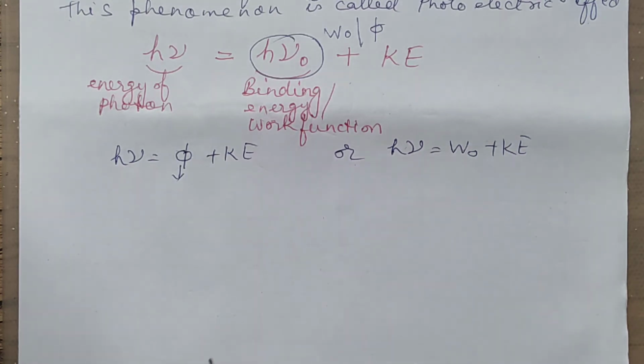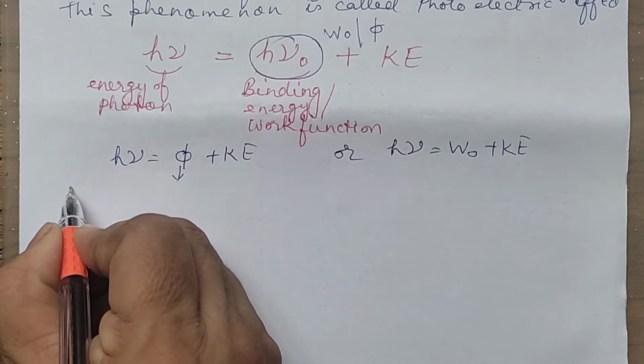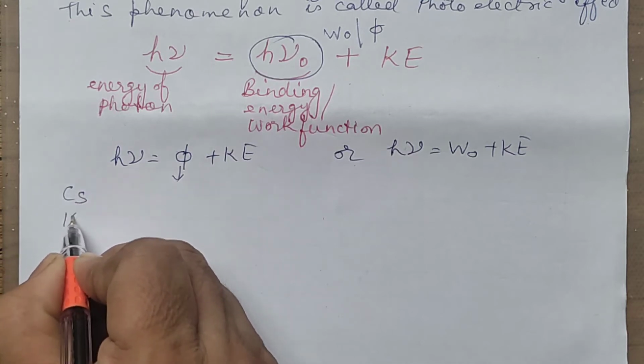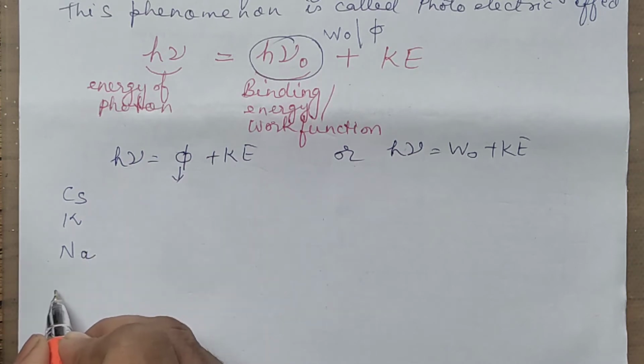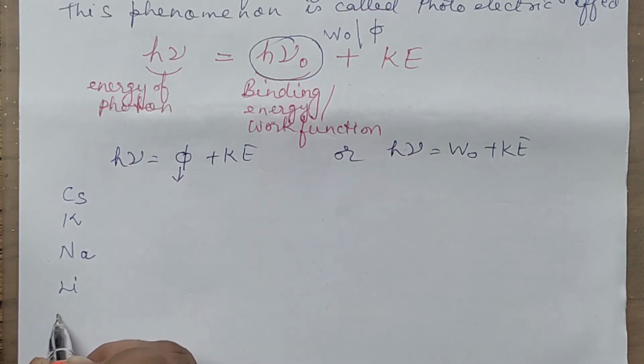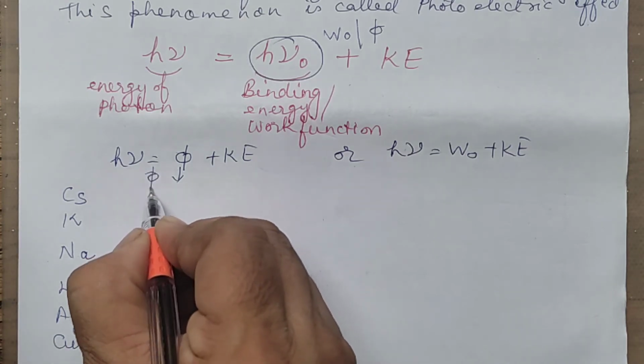So electrons will be able to come out of the hold of the nucleus easily. Suppose you have different metal atoms, say cesium, potassium, sodium, lithium, silver or copper. Suppose you write down their work function values.